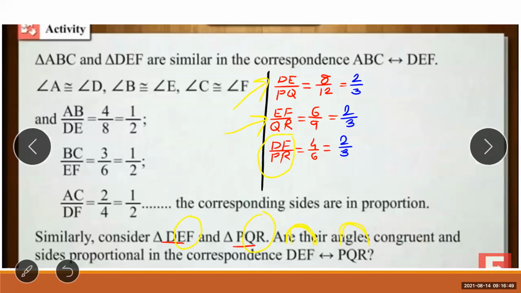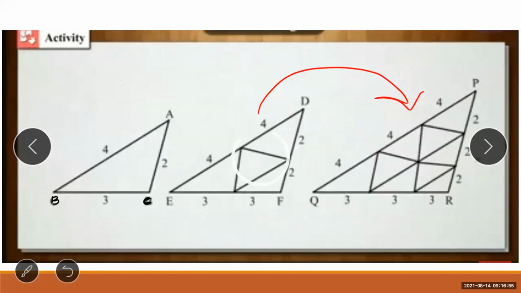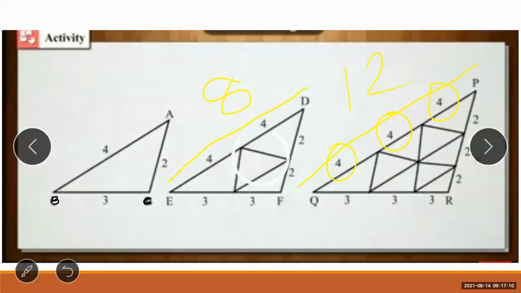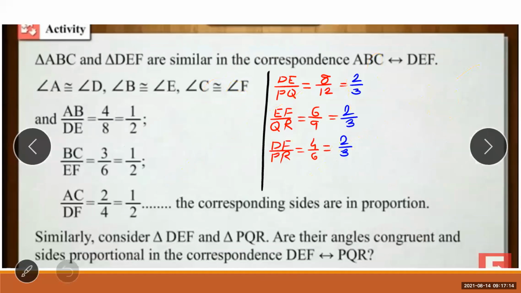See, DE by PQ in the diagram. DE means 8, by PQ, that is 4 plus 4 plus 4, that means 12. So 8 by 12. Yes?